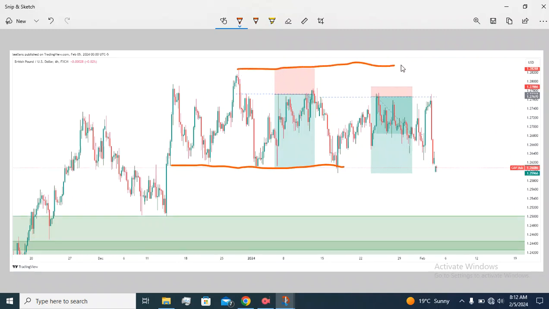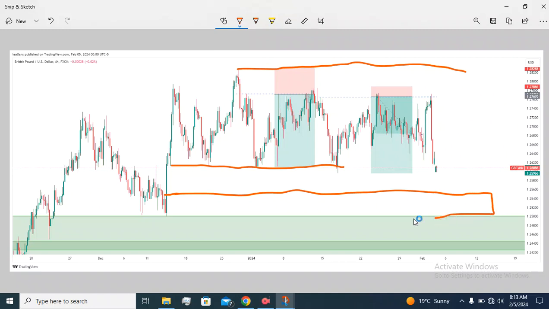I made it clear that liquidity right here acts as defenders, and the market usually after overpowering the defenders, we get a goalkeeper right here on the goalpost, which the market is likely to react on and move in the direction we are predicting.